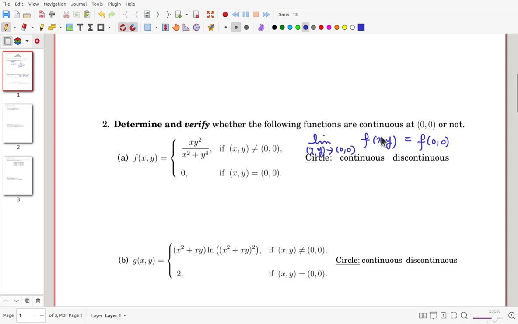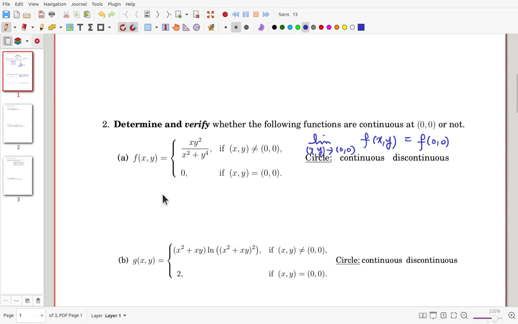That means the limit exists, the function is defined at the point, and the limit and function value must be the same. From this definition, let's check that one. f at 0, 0 is defined, so the limit should exist, and the limit must be the same as the value 0 in order to be continuous.